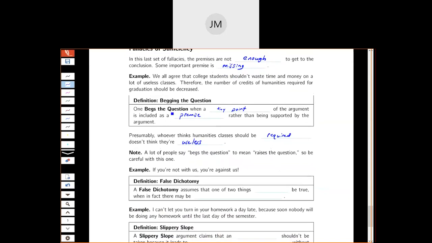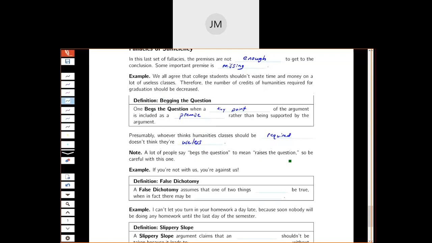Begging the question is a really common term to hear when talking about reasoning, especially when talking about when people make a mistake. We have to be a little bit careful though. When people say beg the question, when we talk about it as a logical fallacy, that doesn't mean raise the question. So when you bring up a question, that's not begging the question.